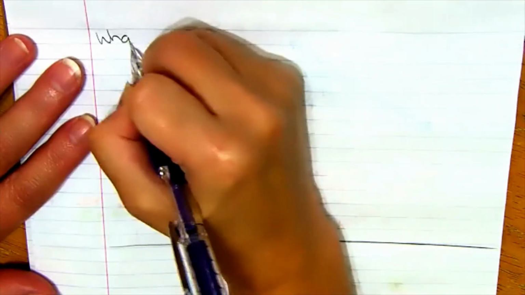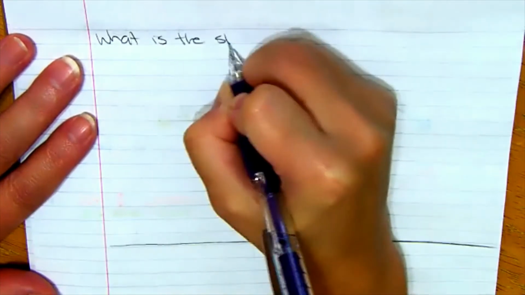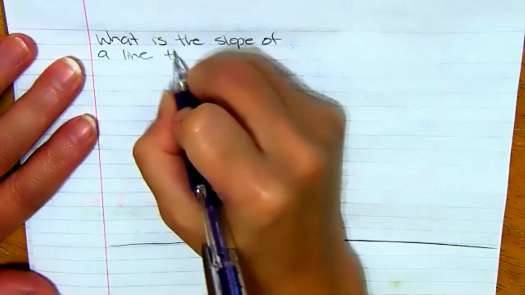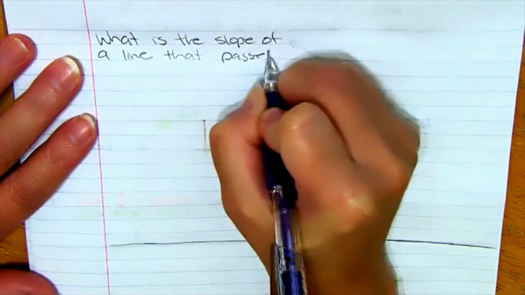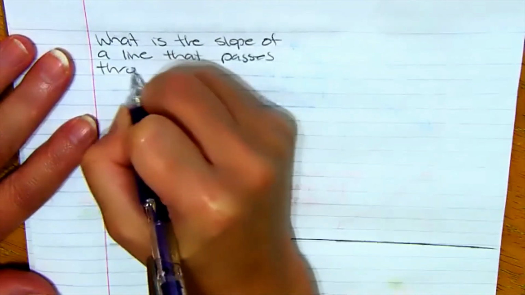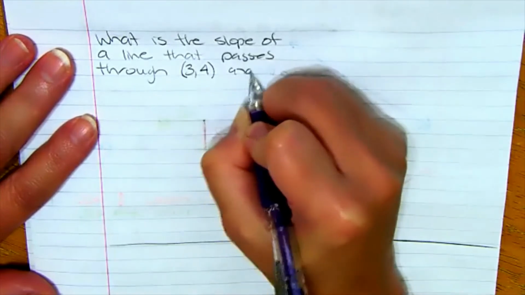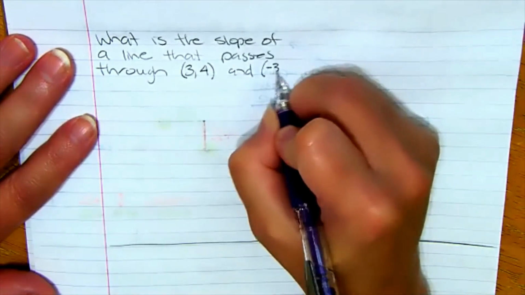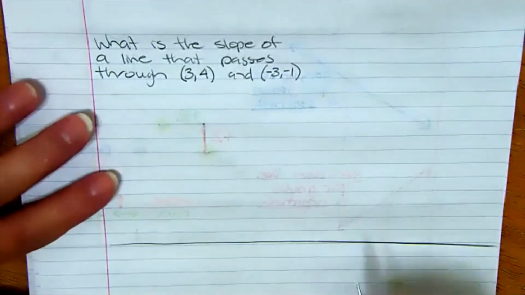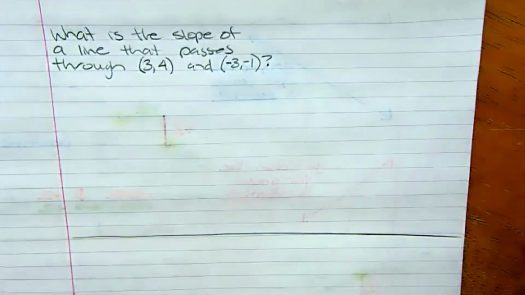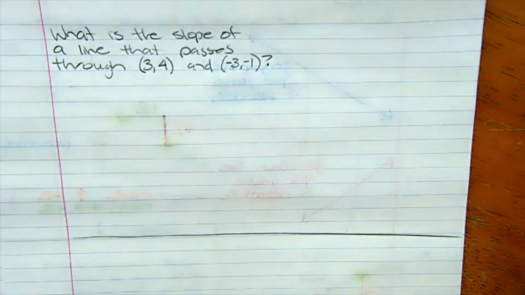Okay, so my first one says, what is the slope of a line that passes through point (3, 4) and point (-3, -1)?